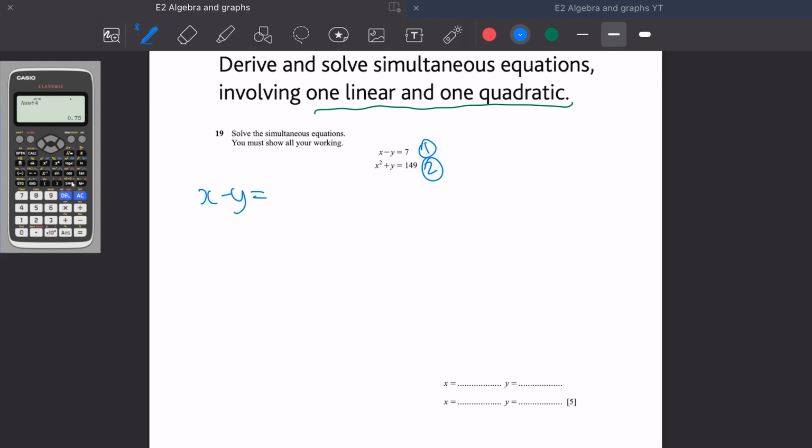X minus y is 7. Let's rewrite this as x equal to 7 plus y. Now, let's substitute this x value into the second equation. So x squared will become (7 plus y) whole square plus y is equal to 149.